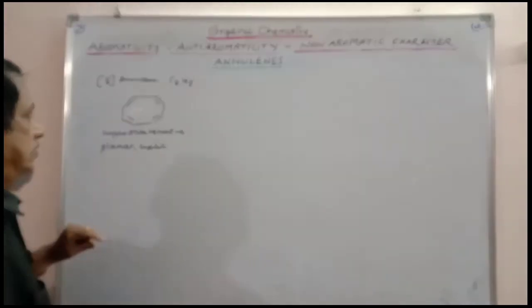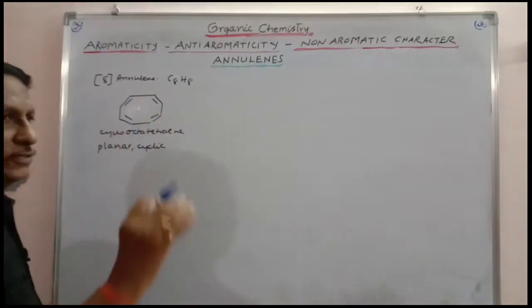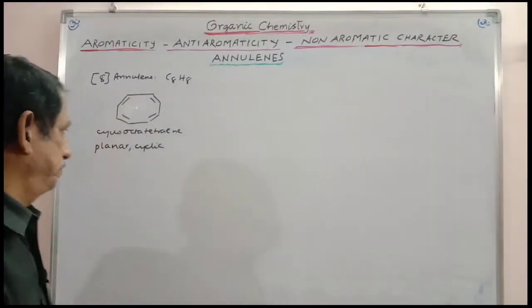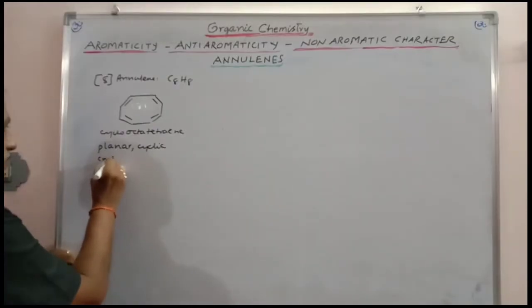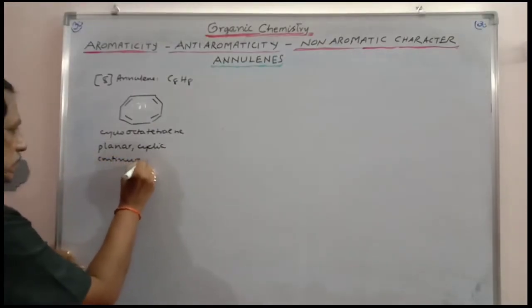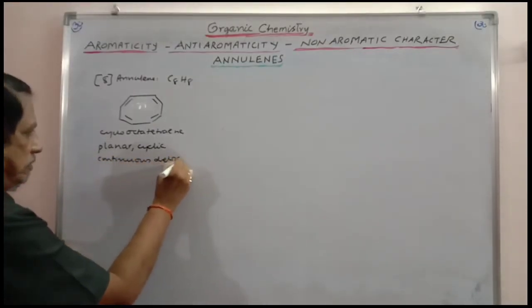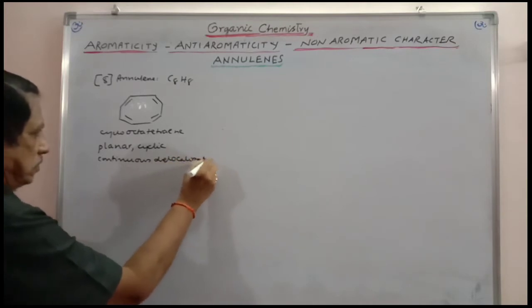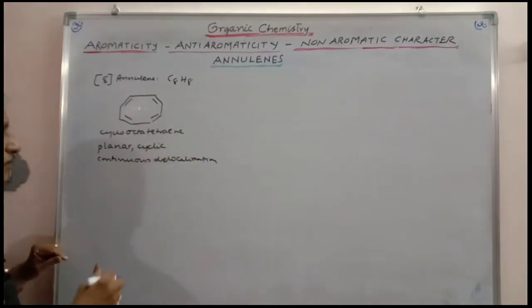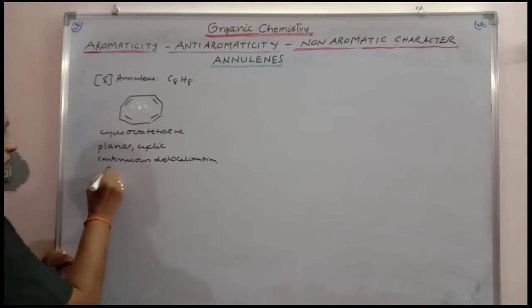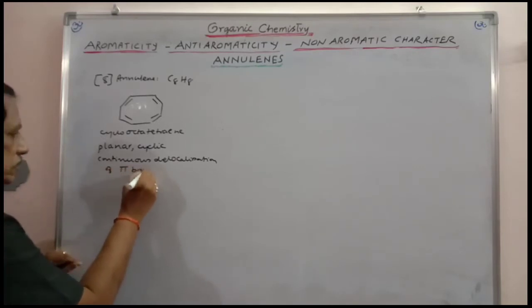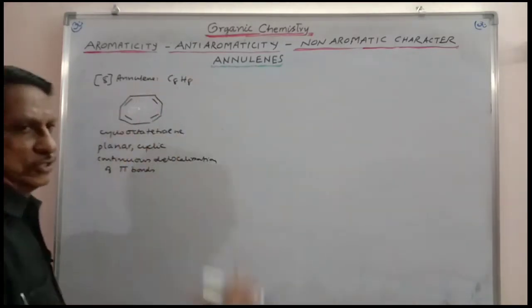How many electrons are there? This is a continuous conjugated pi bond system, with continuous delocalization of pi bonds throughout the periphery of the molecule.